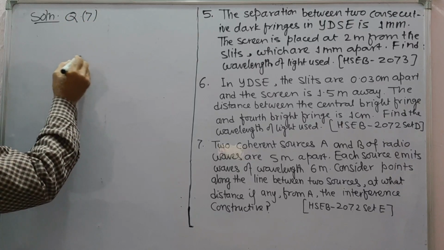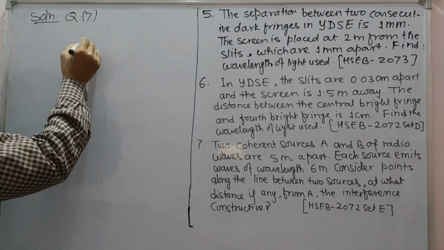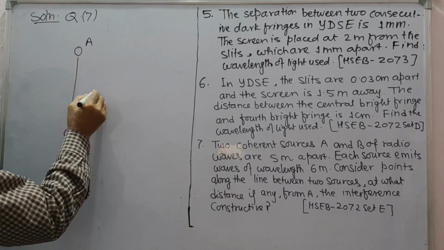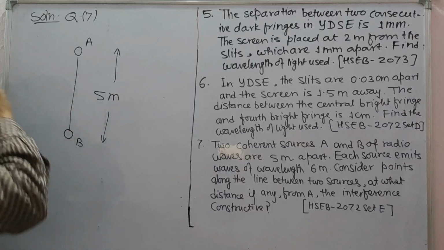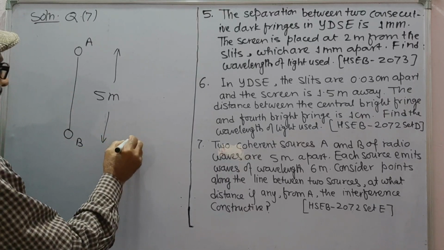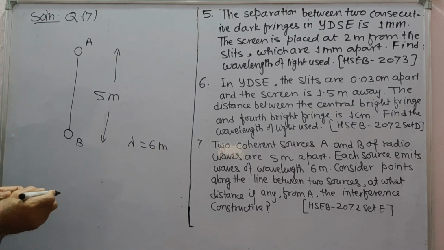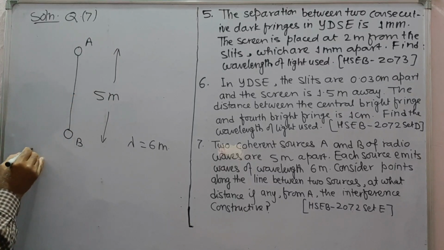Here, suppose these are two coherent sources A and B at distance 5 meter. Wavelength emitted by each is 6 meter. We have to find a point at which interference pattern is constructive. Interference pattern will be constructive if the path difference is 0.